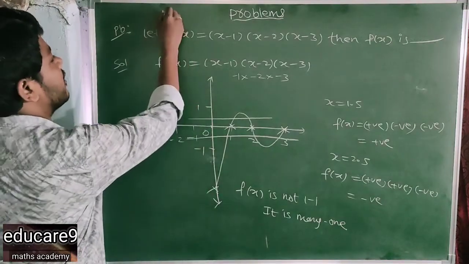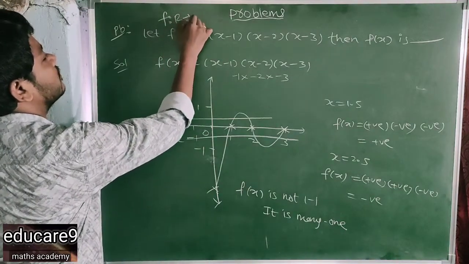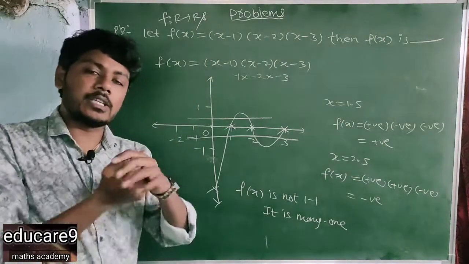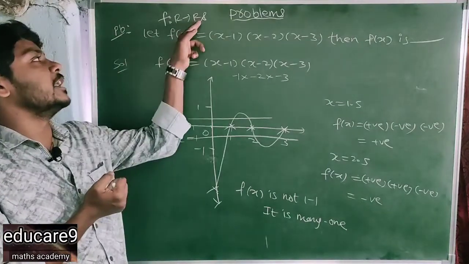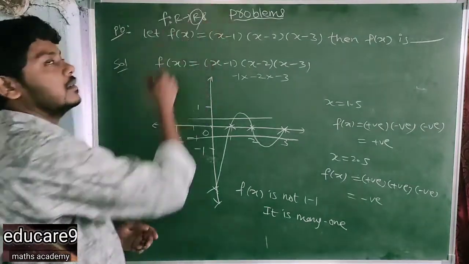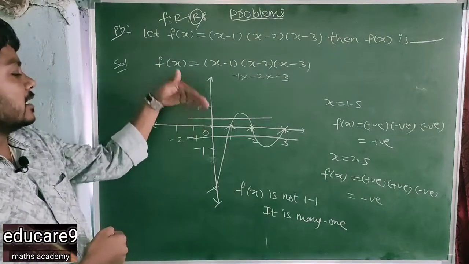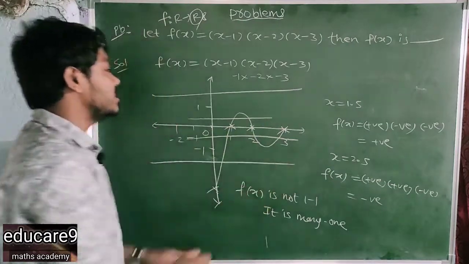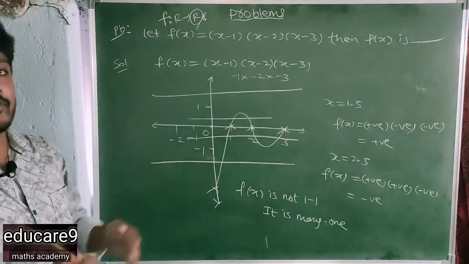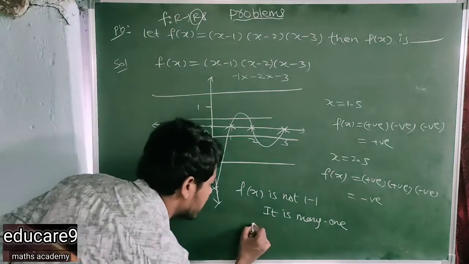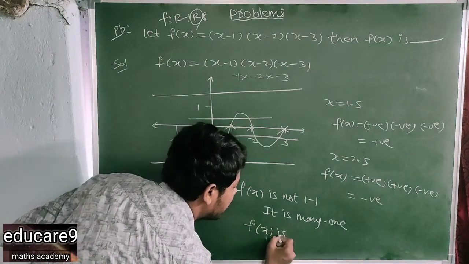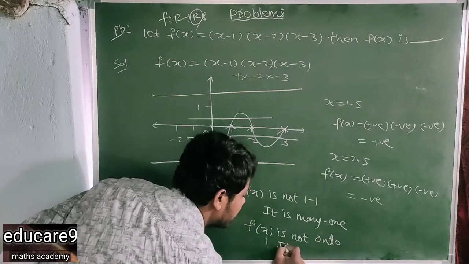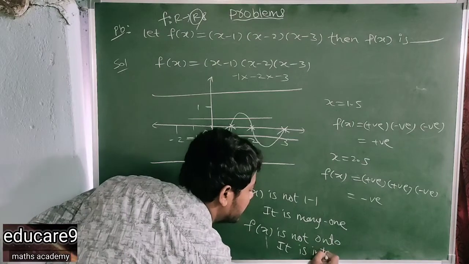So your function is f from R to R. Now for onto function, we have to observe the codomain, that is R. Now draw the horizontal lines above 1 and below -1. This horizontal line does not touch the given graph. In this case, f(x) is not onto, it is into.